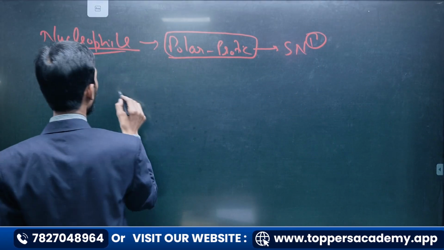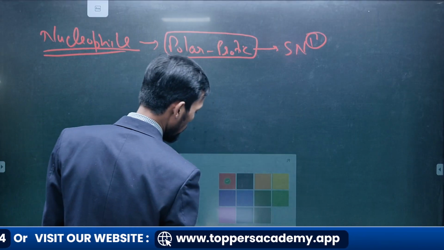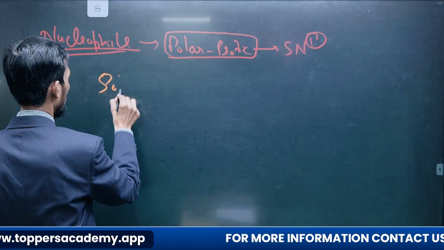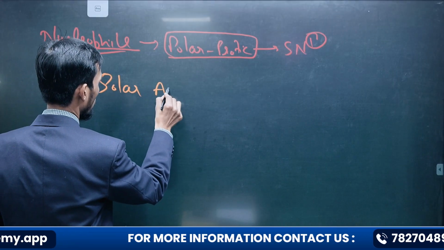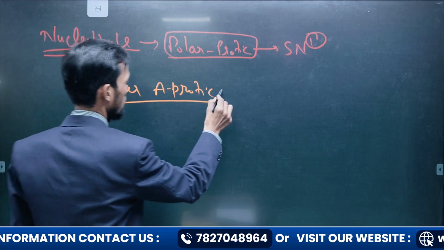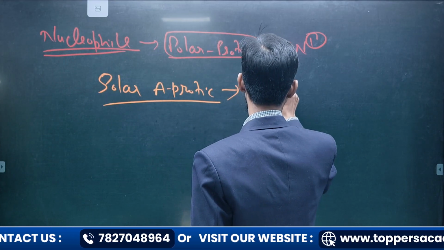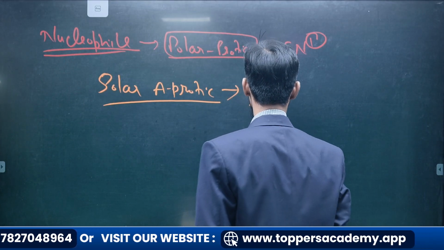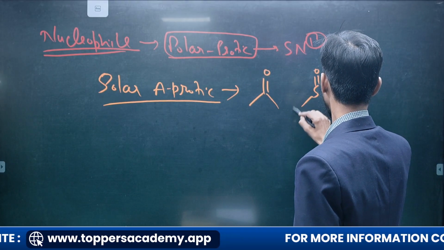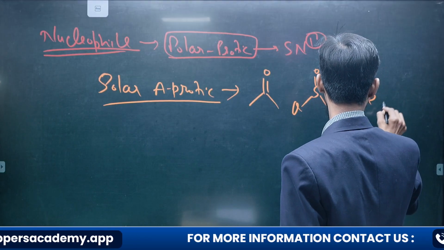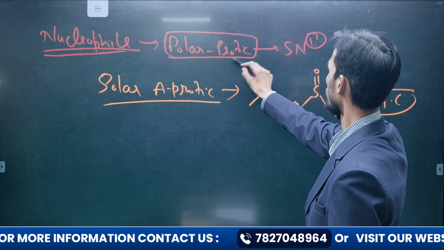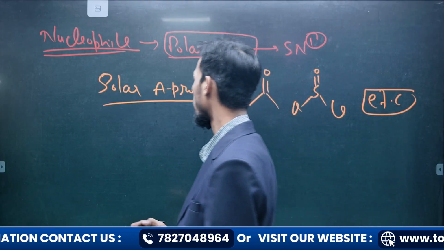When we talk about the SN2 reaction, it is followed by polar aprotic solvents such as acetone, SOCl2, etc. These are compounds which don't have a proton attached to a more electronegative atom.